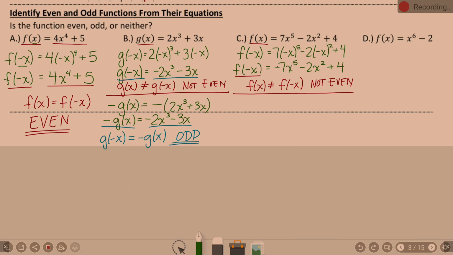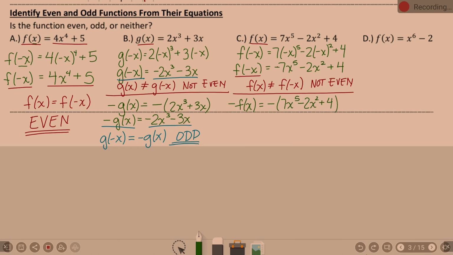What do we check for odd? Here we checked f of negative x. Now we need to check negative f of x. Go through and multiply everything by a negative. So it's going to be the negative, and we're going to multiply it by 7x to the fifth minus 2x squared and plus 4.